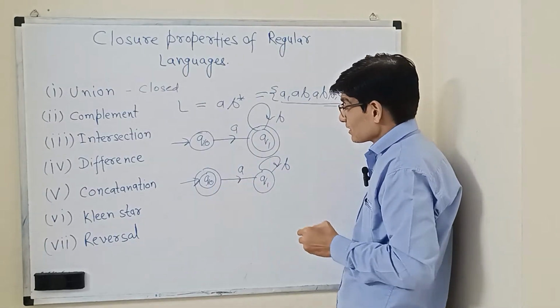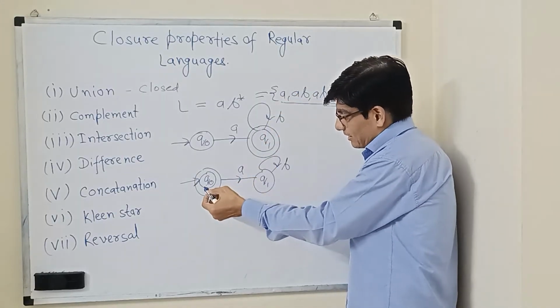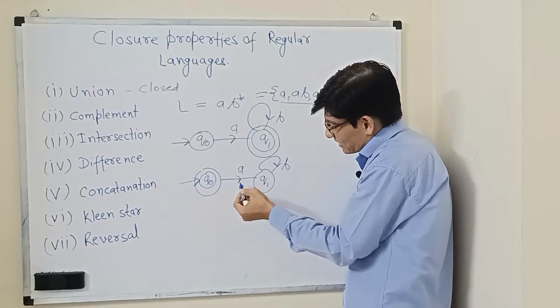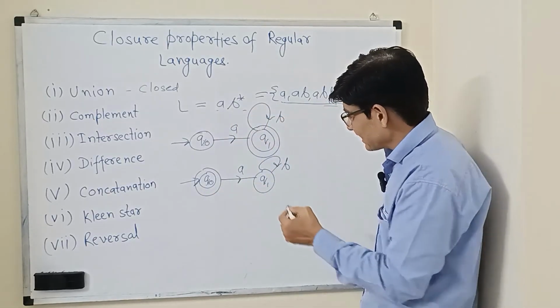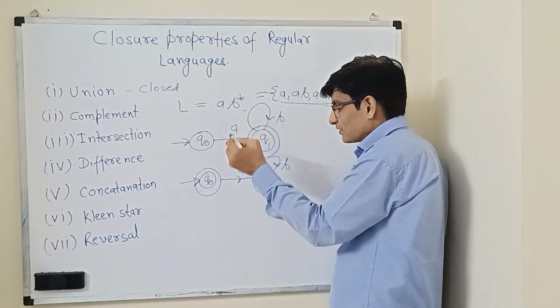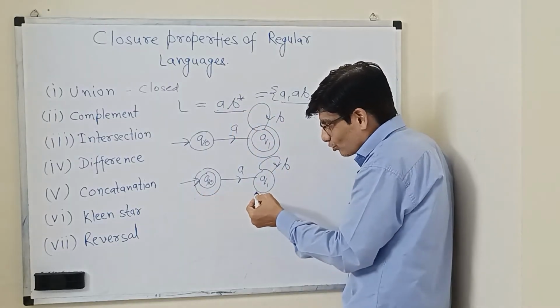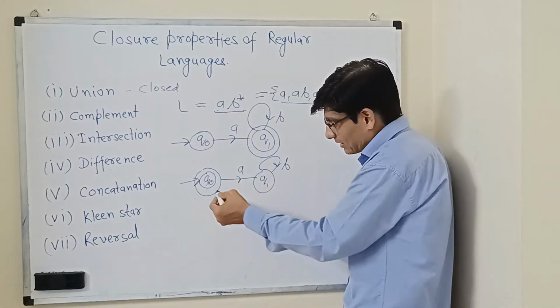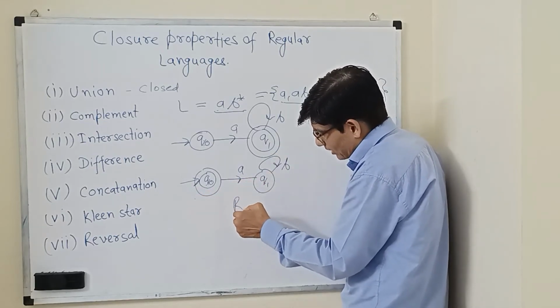That means this machine would accept the complement of this language. And if we can create a finite automata for the complement of this language, then definitely it would be a regular language.